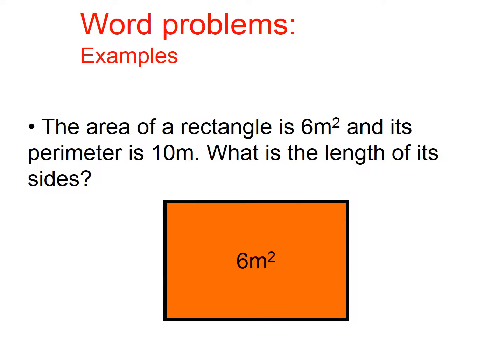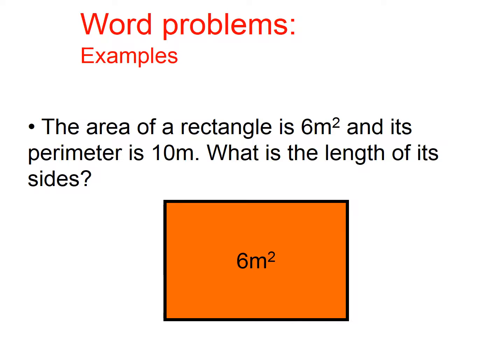So we know that the area equals 6, okay? And the lengths of the sides are what we want to get, okay? We've got 2 types of side length, right? So we'll call L equals length and W equals the width. Okay? Yep.